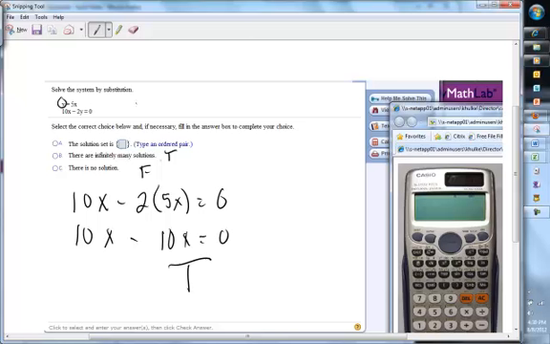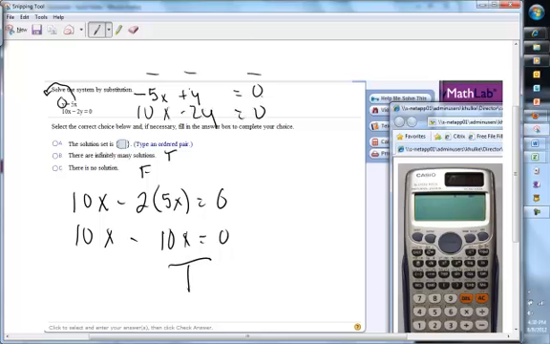Let's enter this on our calculator. Remember, it only works if you have them in x, y form. So we have to rearrange this first one, put the 5x on the other side, and it'll be negative 5x plus y equals 0. 10x minus 2y equals 0.